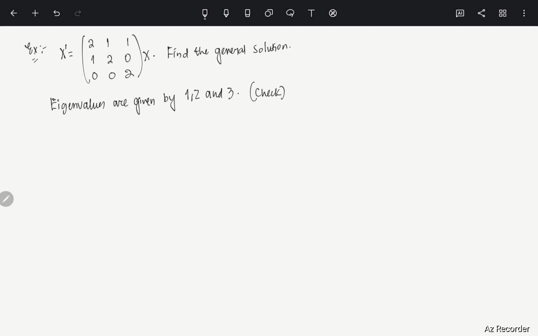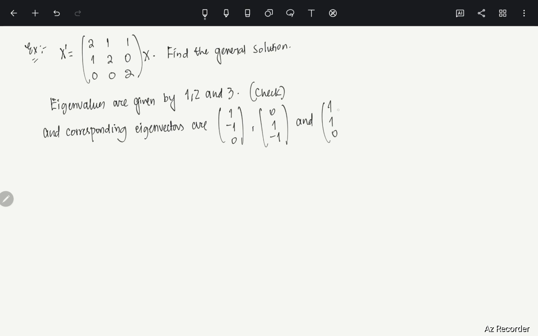And the corresponding eigenvectors: corresponding to 1, we have 1, minus 1, 0. Corresponding to 2, we have 0, 1, minus 1, and corresponding to 3, it is 1, 1, 0.